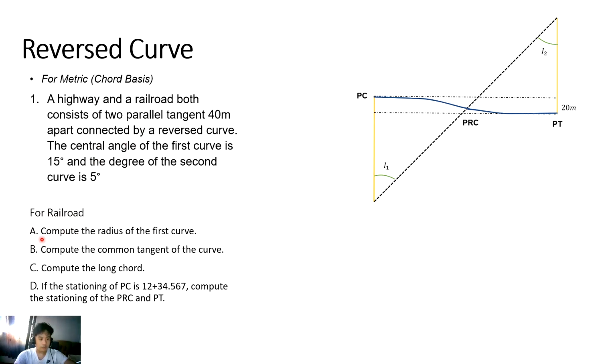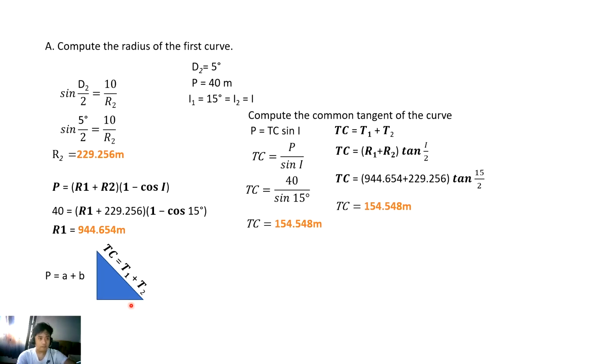So, una, hanapin ulit natin yung radius of the first curve. Then, next yung common tangent of the curve. Then, next yung long chord. Then, i-compute natin ang station ng PRC and PT. Since ito ay railroad, so gagamit tayo ng chord basis.